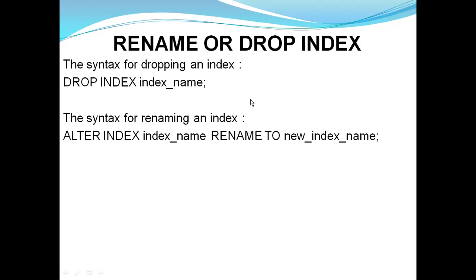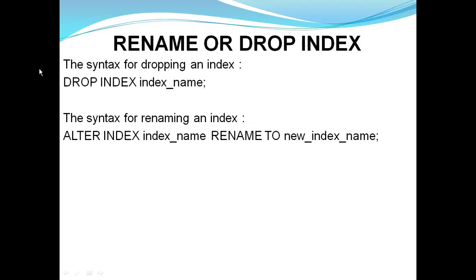Now finally, we can drop the index or we can rename the index. So this cluster is also part of the index, because many times the question is asked, what's the difference between the simple index and cluster index? So the syntax for dropping an index is drop index name. Practically also we have seen that I have dropped one existing index.